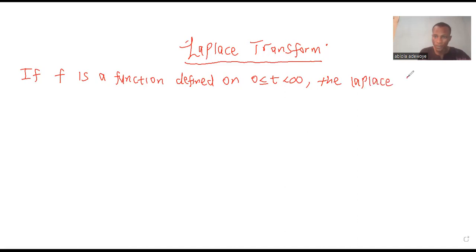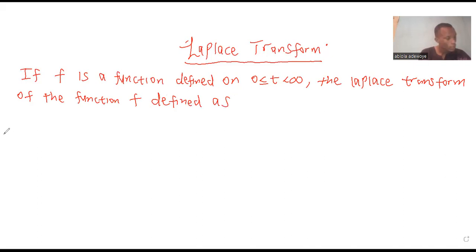Now the Laplace transform of the function f is defined as what?